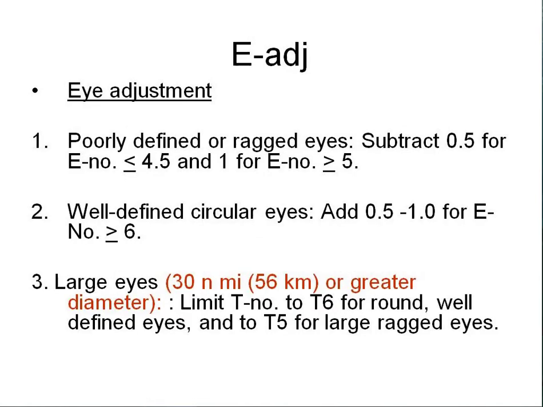Here are the rules for determining the eye adjustment factor. I'll just let you read them. But in general, well-defined circular eyes are indicators of greater intensity, while very large eyes, poorly defined eyes, or ragged eyes are indicators of weaker intensity.